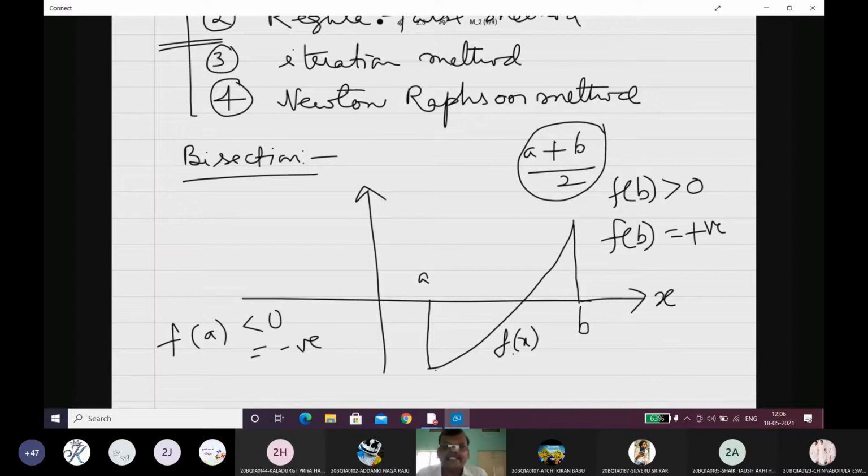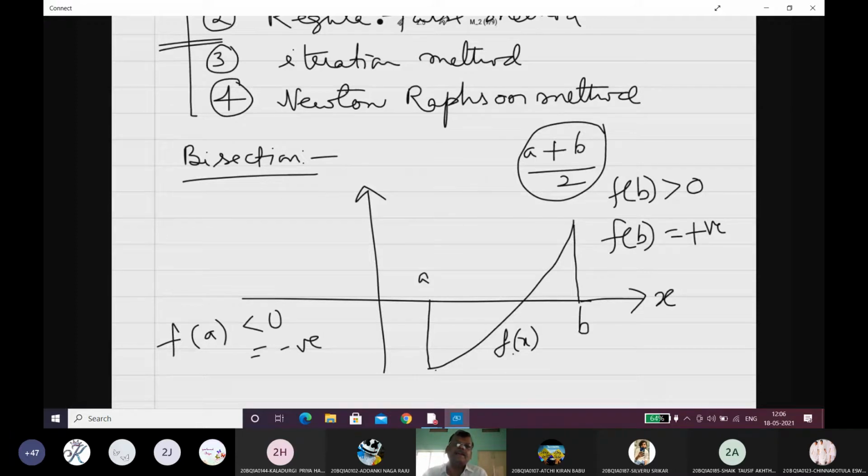That means f of x is continuous in the closed interval [a, b], and f of a and f of b are of opposite signs. Then there exists at least one real root between a and b. This statement is known as the intermediate value theorem. Using this intermediate value theorem, we can find the root by using the bisection method.